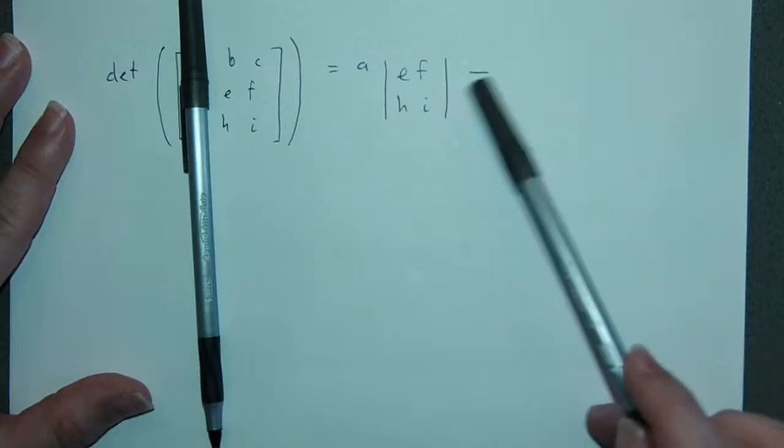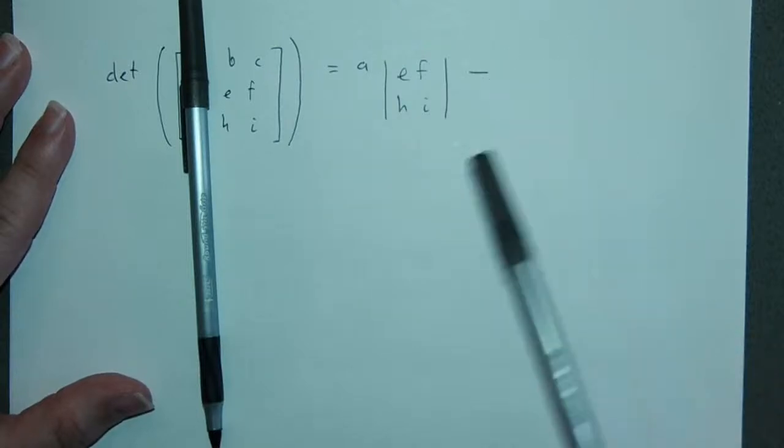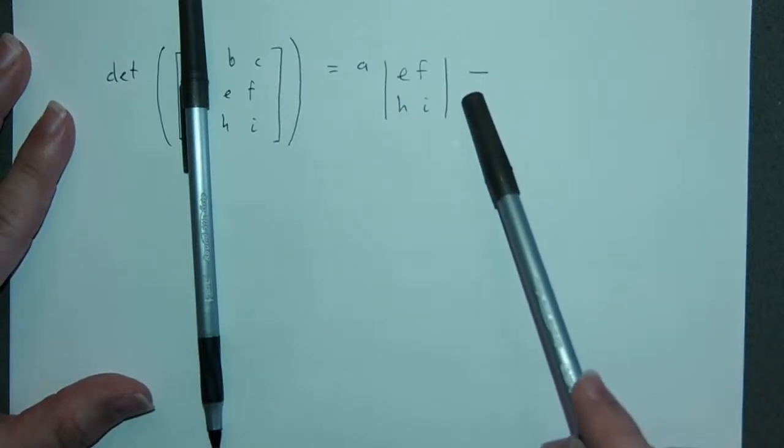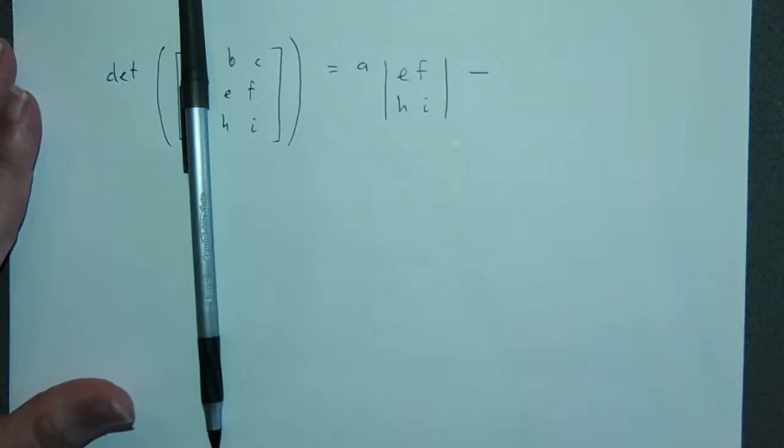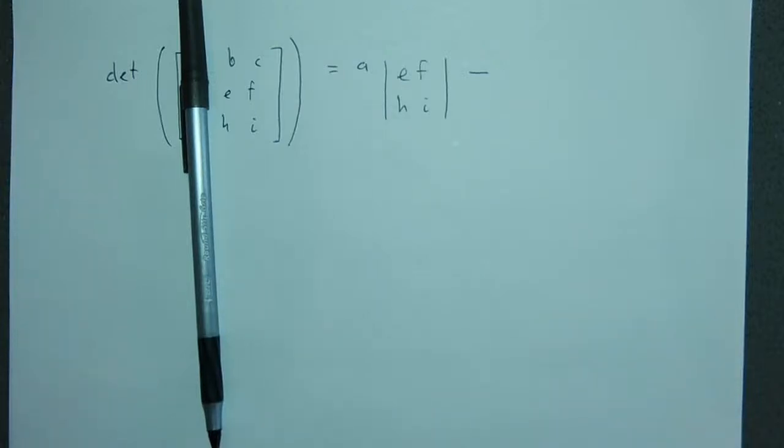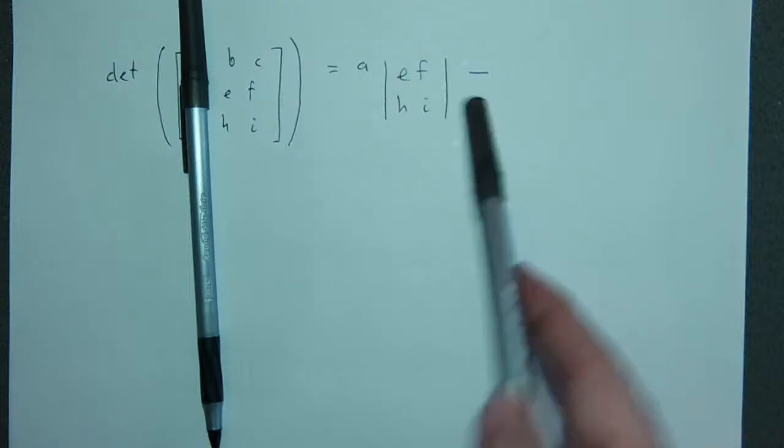So I don't mean that it's always literally a minus in that sense, but this operation is always minus. This is the definition of the determinant. The determinant is this thing called an alternating sum, and so it means that we have plus minus plus. So this is always a minus.